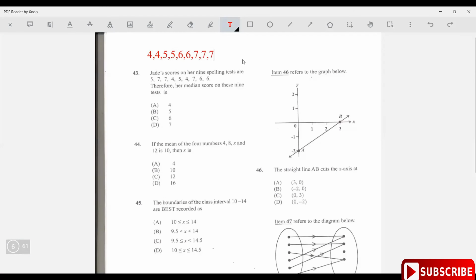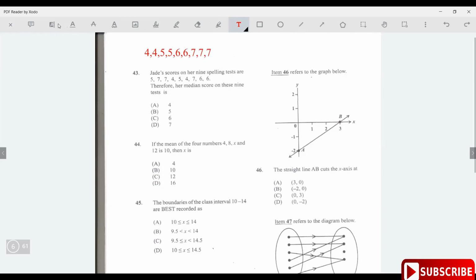That's how you rearrange it. All right, nice and easy. And so if this is how we rearrange it, now you can find the median. The median is the number in the dead center. So let's go to the center. It can't be these 4s. The dead center is this number. So the median is 6.